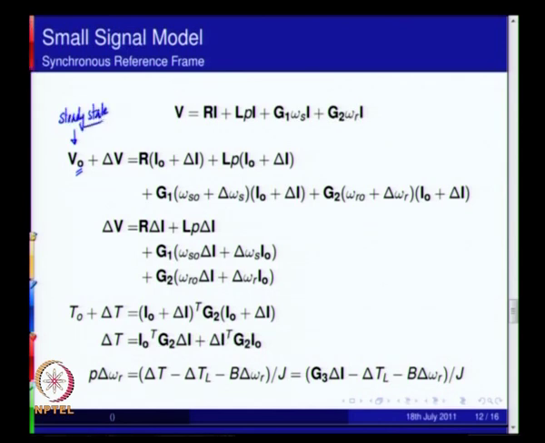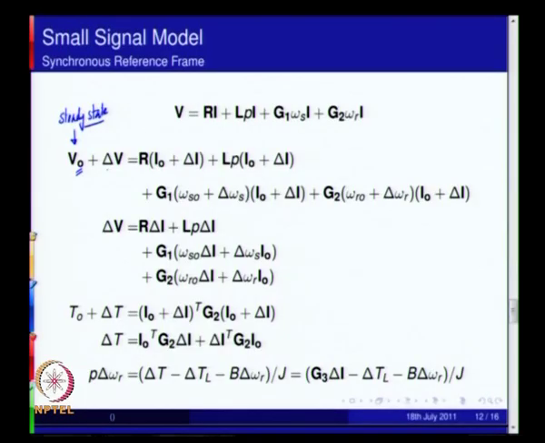That means we are looking at the machine operating under steady state, and then you apply a certain disturbance to it. So, if you apply a certain disturbance delta V, in response to that, all the response variables, that is I, omega r, and the generated electromagnetic torque, which is a function of I again, they all undergo disturbances.